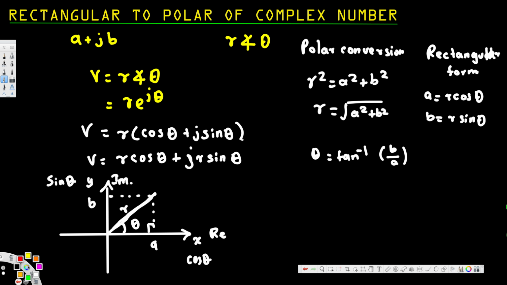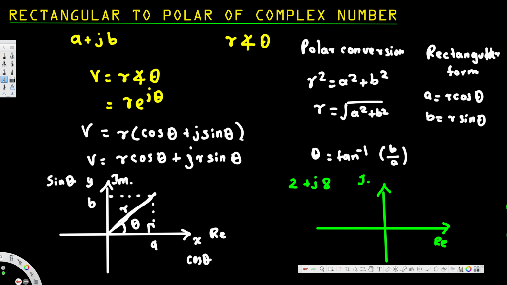Now let's look at an example numerically. Let's say we have 2 plus j8, and if we draw the graph for this, we are going to have the real part and the imaginary part. The x-axis is the real part, the y-axis is the imaginary part.